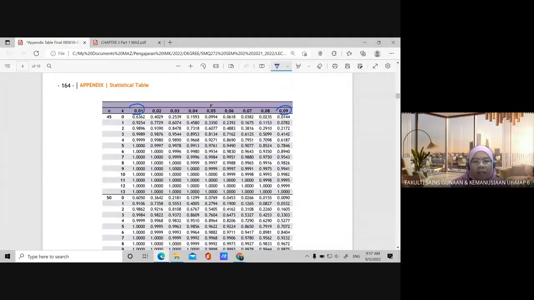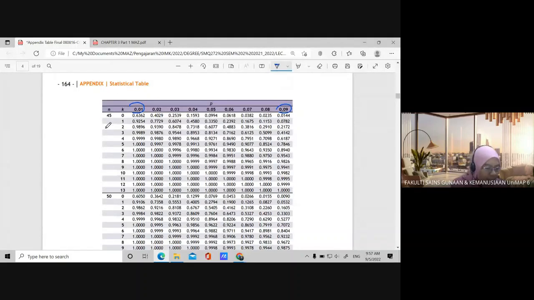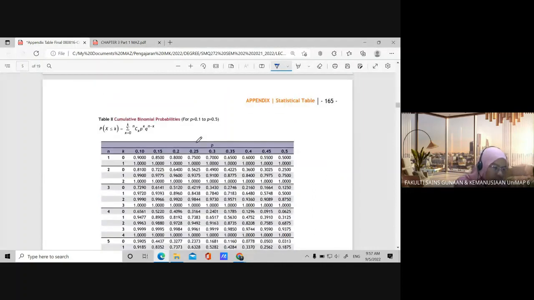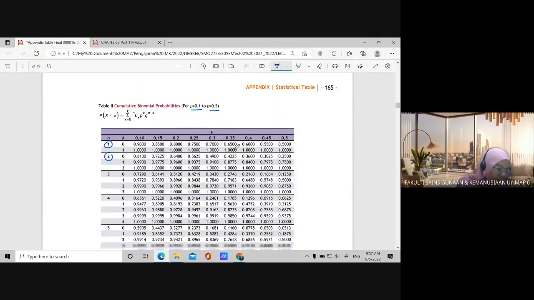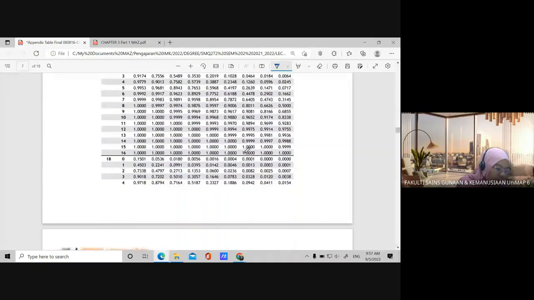Can we have other than 0.01 probability? Yes. For example, we can have this one. We have 0.1 success probability value, until 0.5. And we begin again with 1 trial, 2 trials, and up until 100 trials.